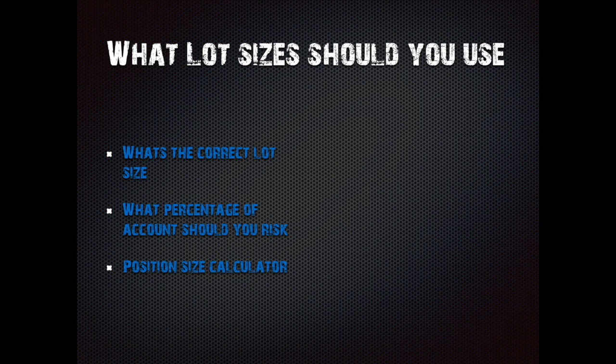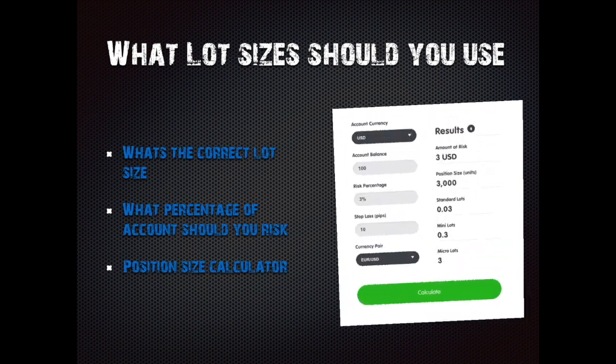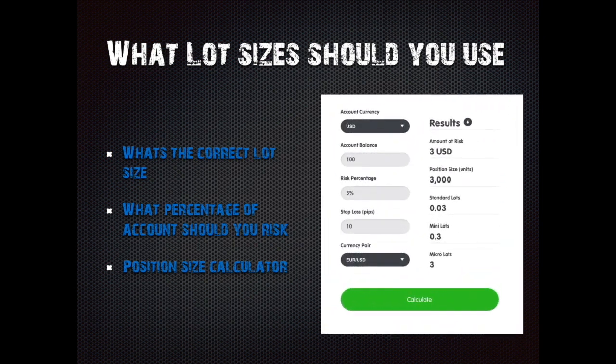And lastly, you can use what's called a position size calculator. Okay, and it looks like this. You put in the information: USD as your currency, your account balance, the risk percentage that you want, which is 3%, and your stop loss in pips.